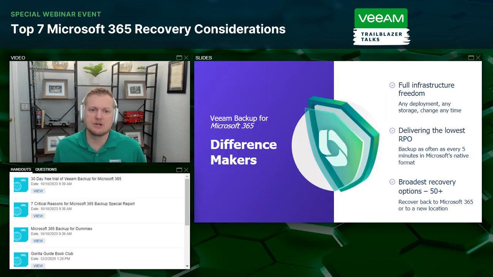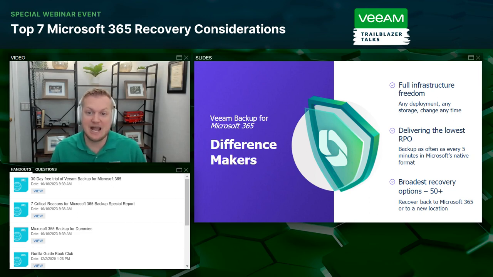Some of the difference makers here, full infrastructure freedom. Whether you want to deploy on-prem, whether you want to deploy in the Azure or AWS marketplace, and changing at any time the storage that you use. I think that's one of the most critical points with Veeam: we don't force you to use any particular storage type or storage that we might offer attached to our solution.